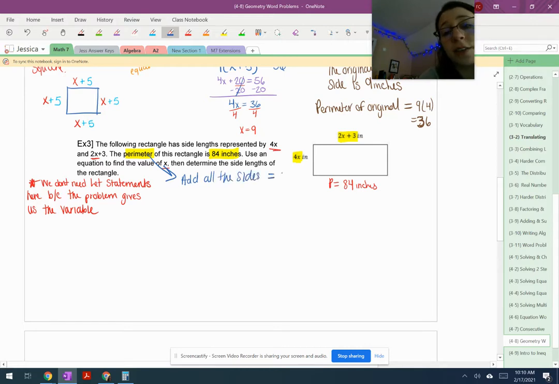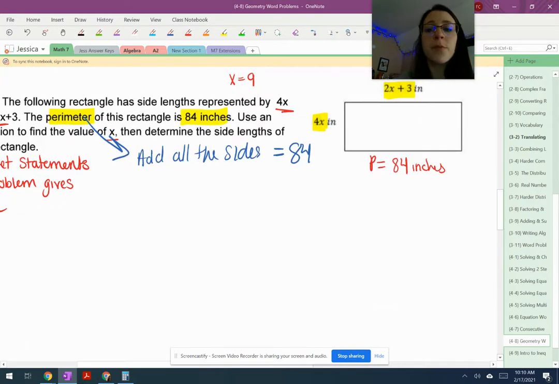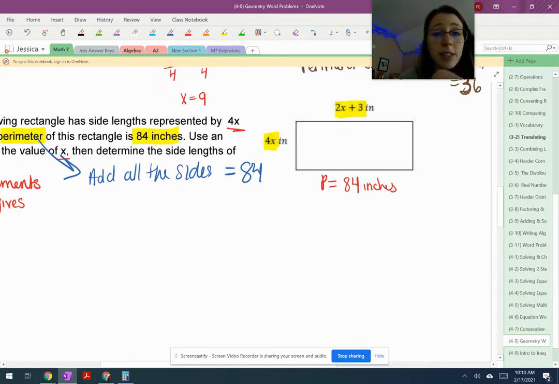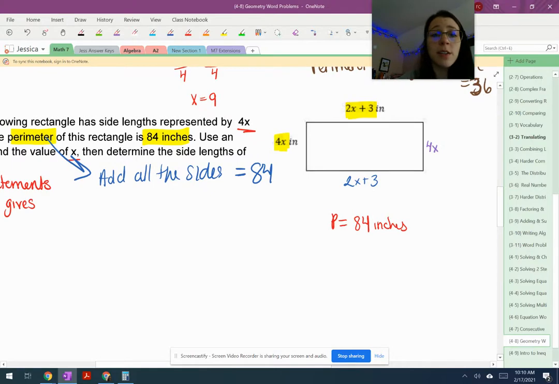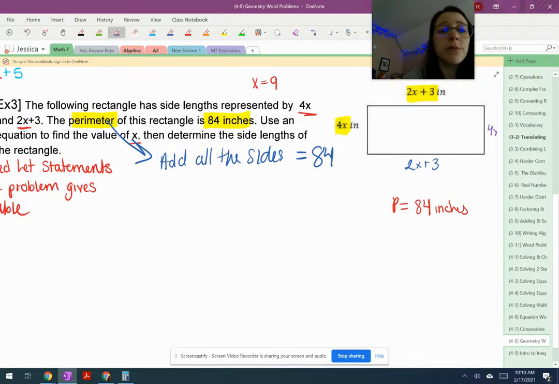So I'm going to add all the sides and set them equal to that 84 because that's what they're telling me the perimeter is. So I know that since this side of my rectangle is 4x, so is this side. And we also know that this side is 2x plus 3. So I'm going to add those all together and set them equal to my perimeter to make an equation.